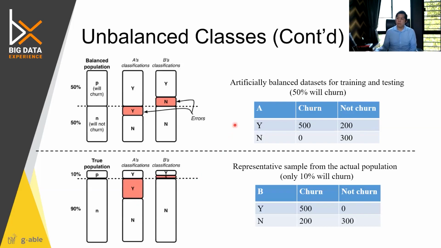So the above and the below here would mean different things in the real-world setting. But let's say now, which one is better, A or B? What do you think? Which one is better?